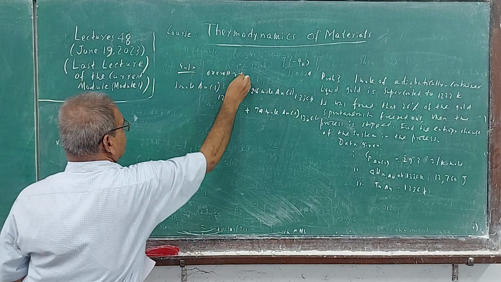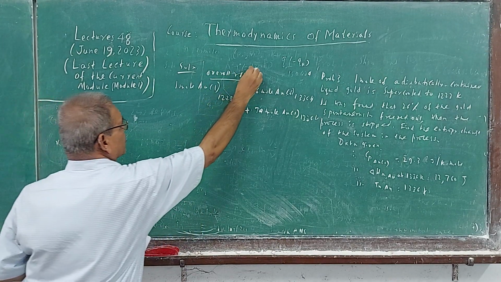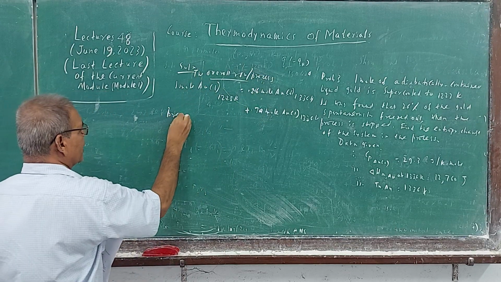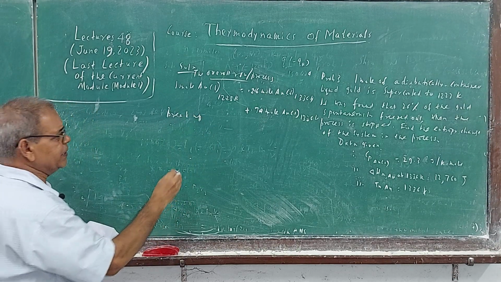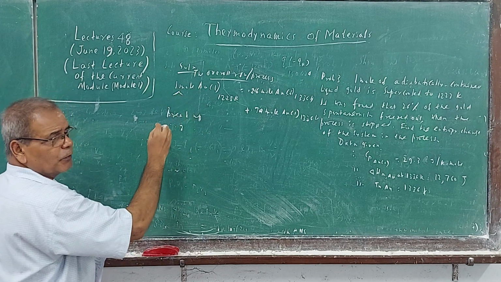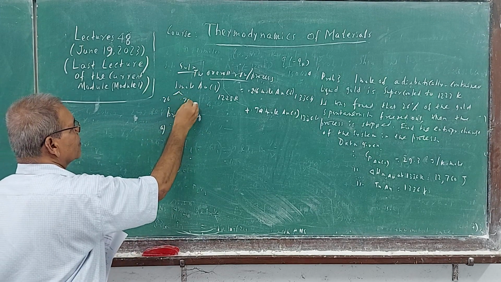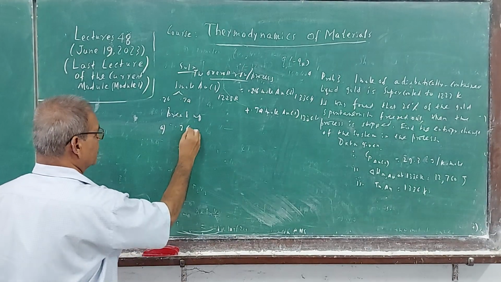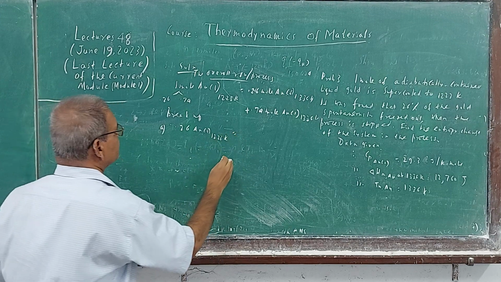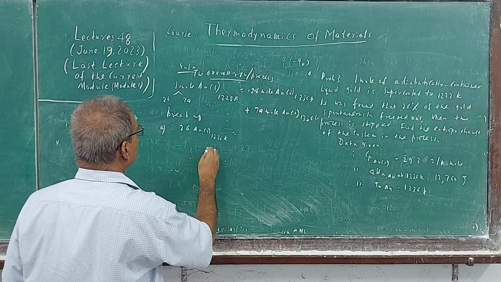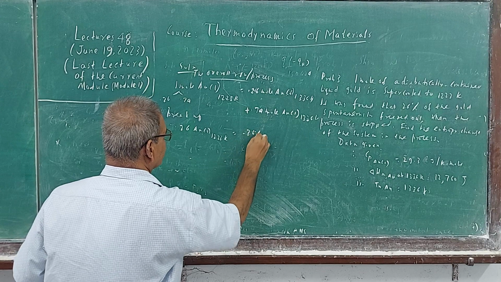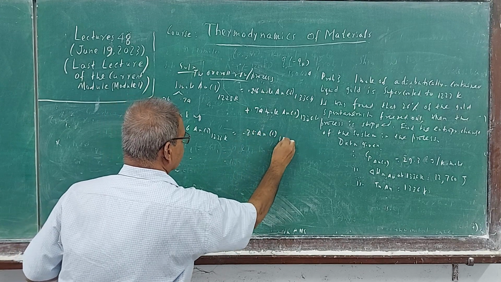Overall process breakup. Easy breakup. Divide into two parts, 0.26 and 0.74. Step A: take 0.26 gold liquid at 1223 Kelvin to 0.26 gold liquid at 1336 Kelvin.